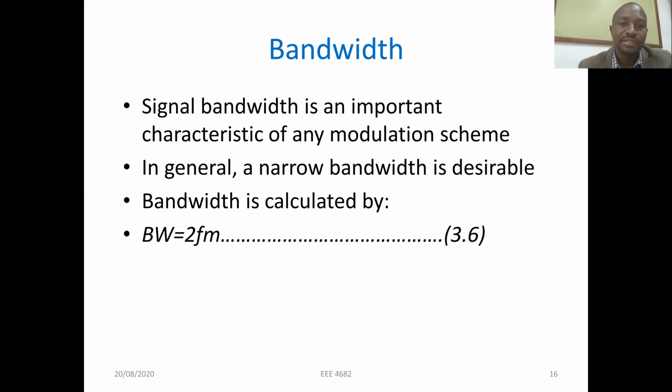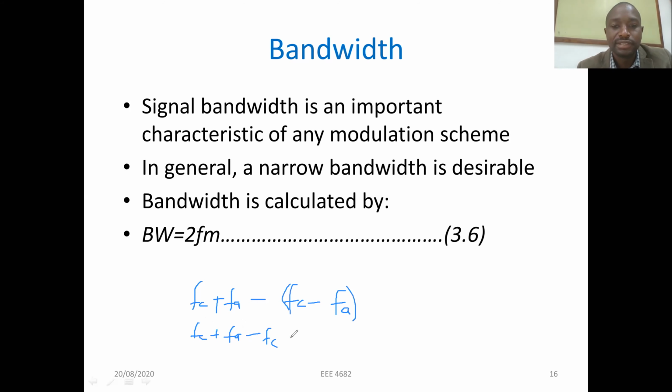Let's finally talk about the bandwidth. This bandwidth can also be calculated, and we know from the definition that bandwidth is basically the difference between the highest frequency and the lowest frequency. So simplifying this equation, we're going to have FC plus FA minus FC plus FA.